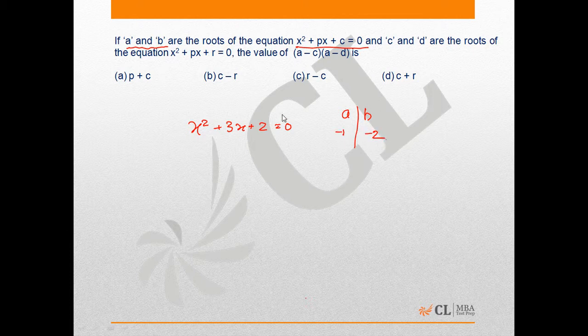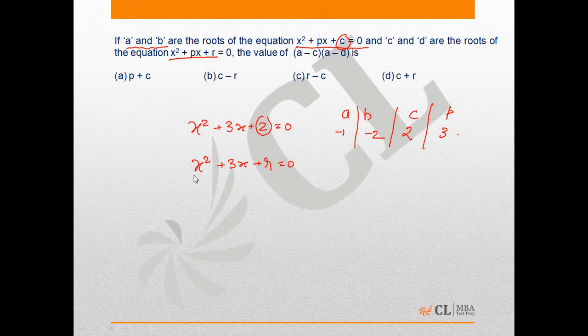Here the value of c should be 2 if I compare, and the value of p comes out to be 3. The other equation should be x square plus px plus r is 0 with the roots c and d.